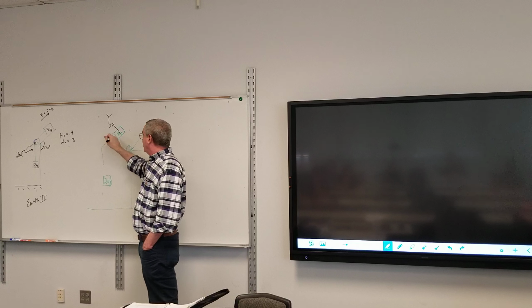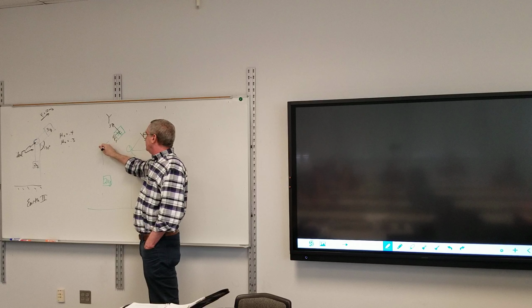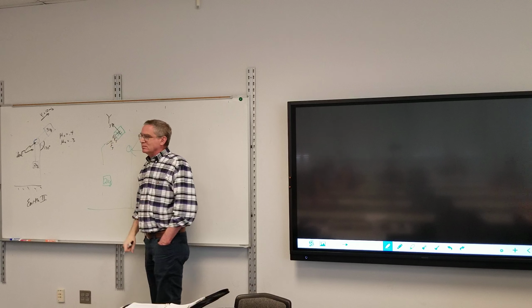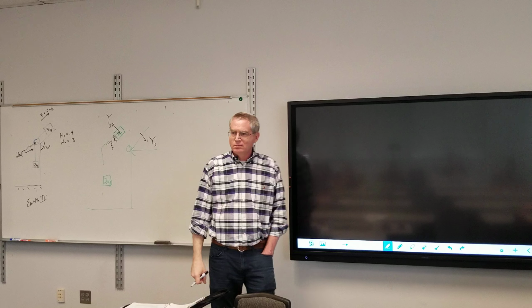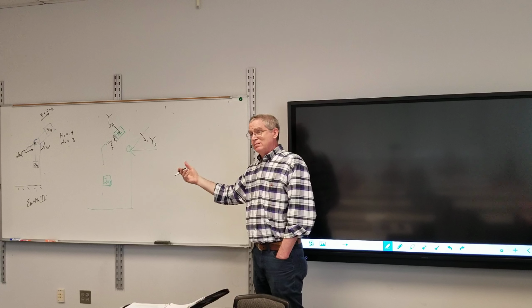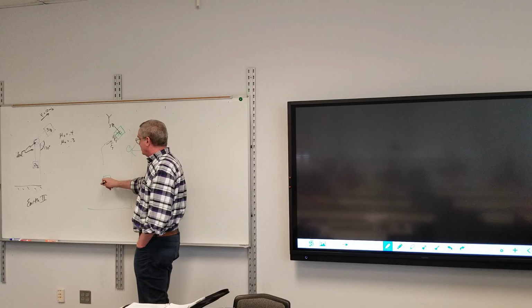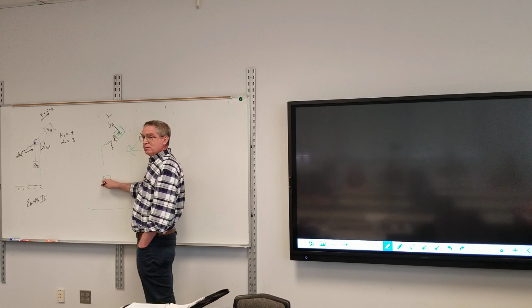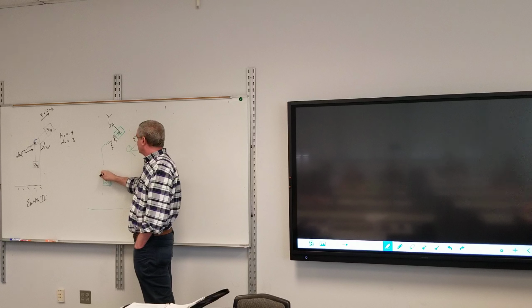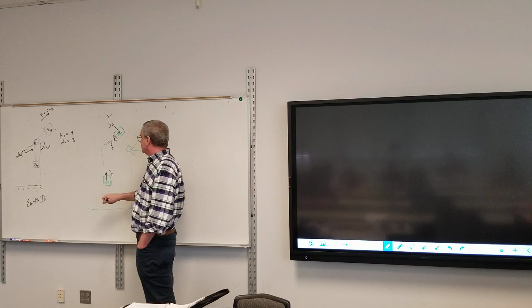Toward the rope. Okay. That's the T. Was that what you meant? Yeah, I just explained it wrong. Which way is this arrow drawn? Toward the rope. And the rope toward.